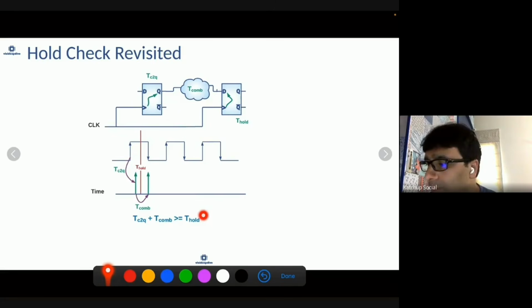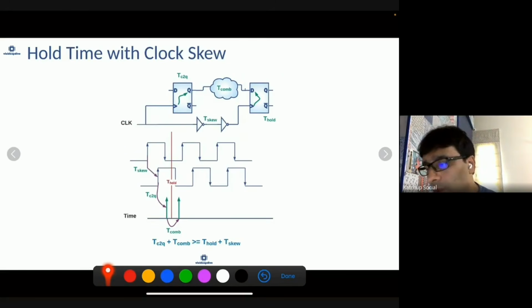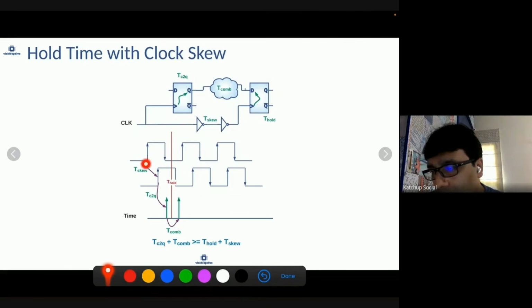Now, what happens when there is clock skew? In the presence of the clock skew, your edge changes a little bit. Rather than your capture clock edge coming here, it is now coming a little bit later. That means your data has to stay stable for a longer amount of time, and that gets added into your equation.